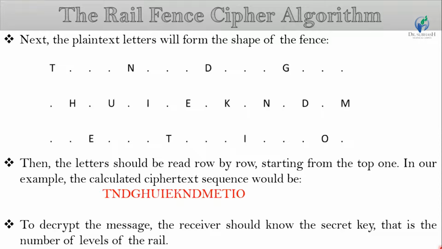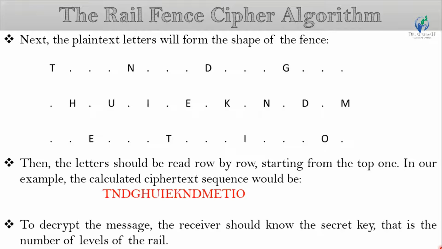So, what is the security of the rail fence cipher? Ciphertext produced by a transposition cipher is relatively easy to recognize because the frequency distribution of all the ciphertext letters is the same as in a plain message written in the same language.